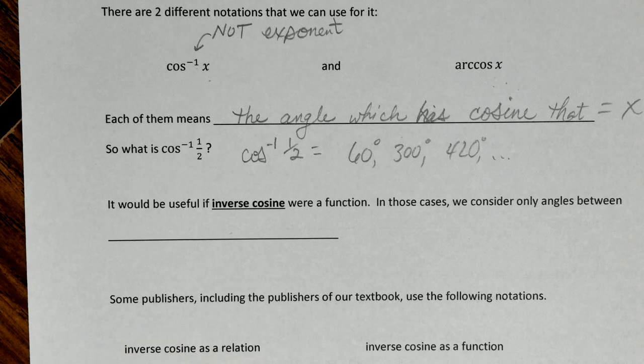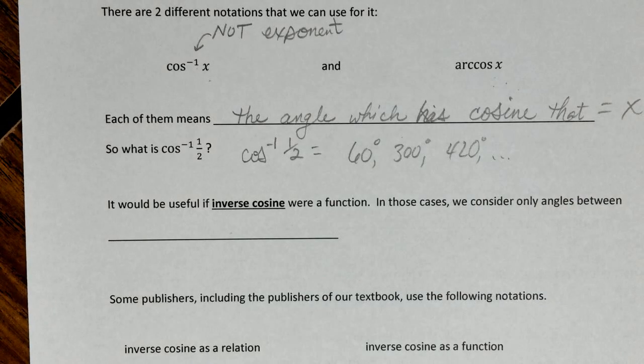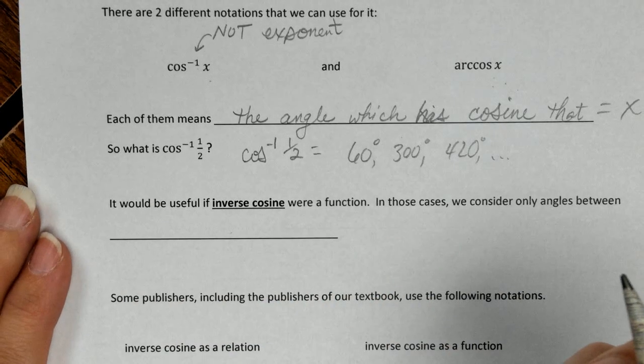Okay, now it would be useful if we had a function that inverse cosine were a function. So in those cases, we restrict the angles that we will give as results to these. We're going to restrict it for cosine to be 0 degrees to 180. 0 to 180.